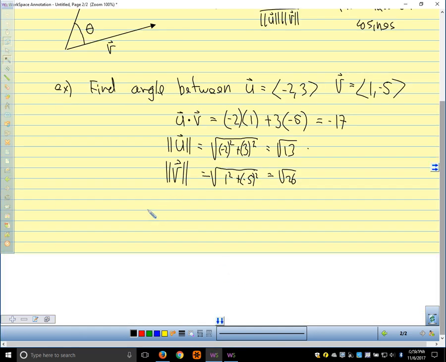So we're going to say that theta is the inverse cosine of -17 over square root of 13 times the square root of 26. Plug that into the calculator, just like that, and we get that that's about 131.8 degrees.